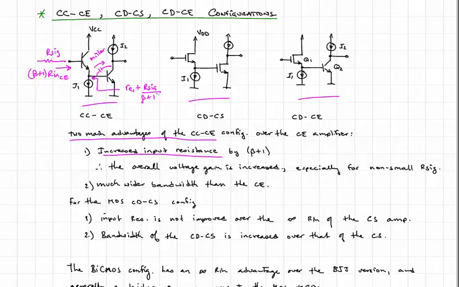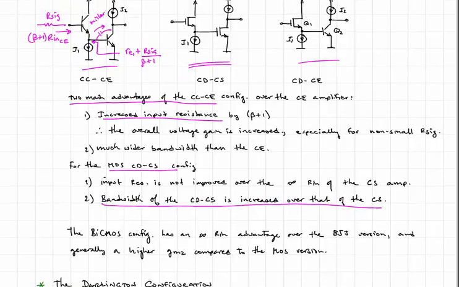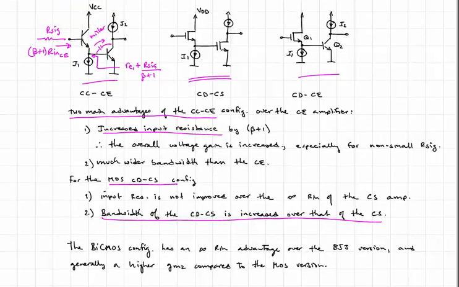Moving on to the common drain, common source stage, it has the same greater bandwidth advantages. It does not improve the input resistance because for a MOS-based common source amplifier, the input resistance is already infinite. But it does improve the bandwidth, and that's why it is useful. And then lastly, we have the bi-CMOS configuration. It has an infinite input resistance.